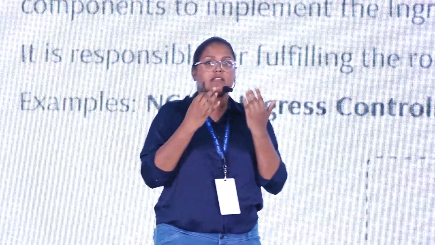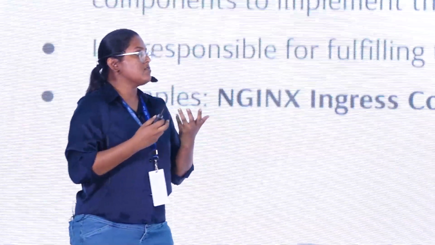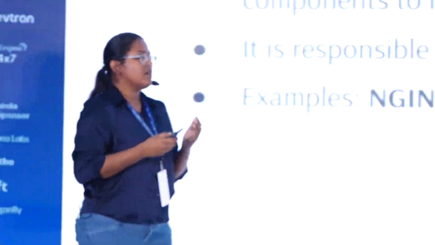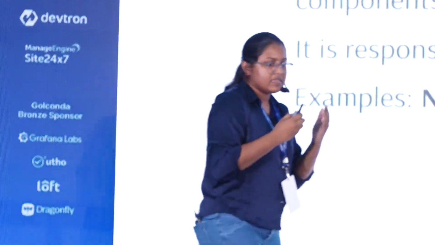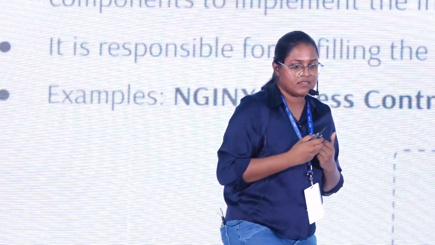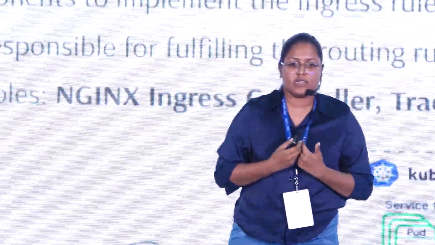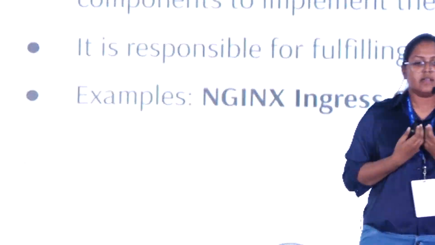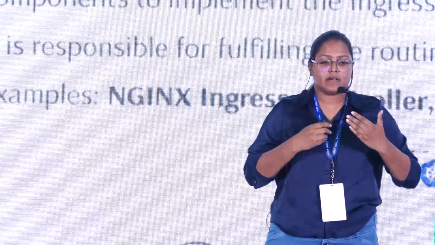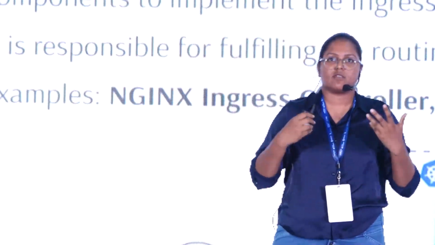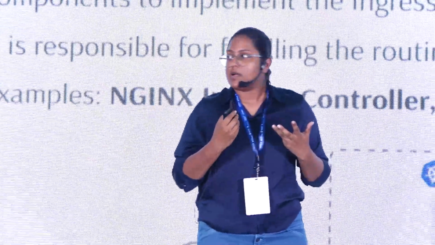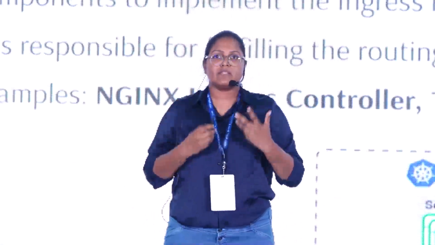The ingress controllers should implement those routing rules in the cluster. So it's basically a daemon that listens to the Kubernetes API server for updates, and when there are changes for the resources, it updates the load balancer, reverse proxies, and all that to implement those rules.